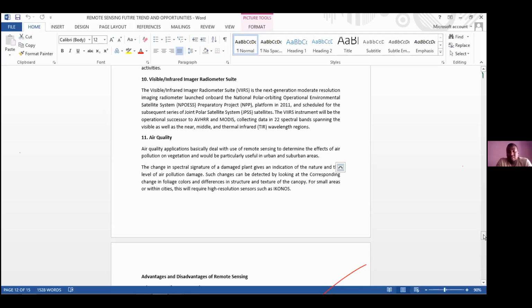So remote sensing, and I'll give an example of the IKONOS satellite. The IKONOS satellite has very, very high resolution sensors, so they can spot the minute level of air pollution damage. You can see how helpful remote sensing is in the 21st century.